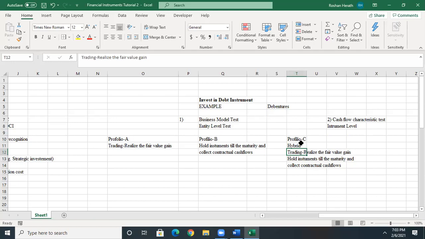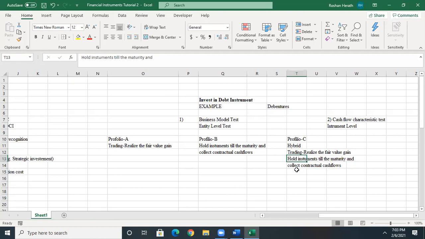Some of these instruments carried under this portfolio C, from time to time you may sell them. Most of the time, based on the liquidity constraint, in order to maintain the liquidity of the entity, from time to time you may sell these instruments. Or on the other hand, there may be some instruments that you would keep till their maturity.